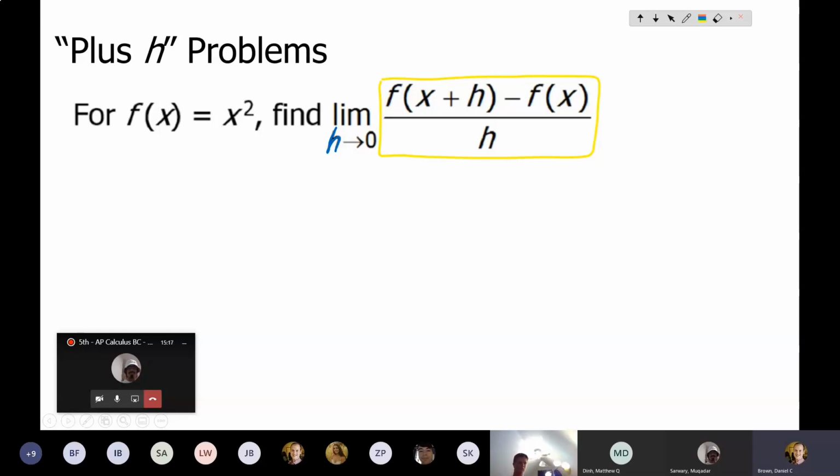The first thing you want to do before you can do the problem is figure out what this limit is going to look like. There's not much to do for the over h. We do need to find what f of x plus h is, and then minus the f of x. So when we see f of x plus h, what is that literally telling you to do?